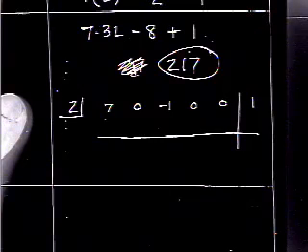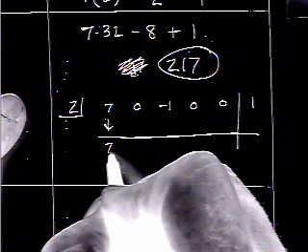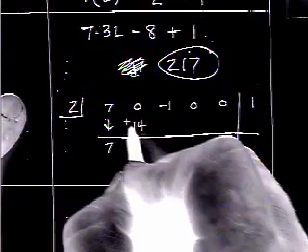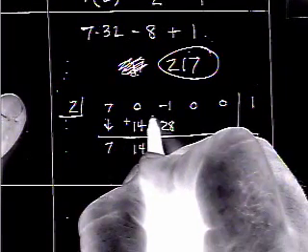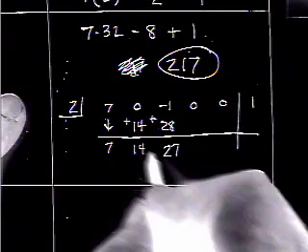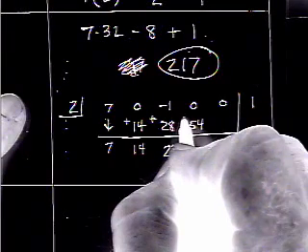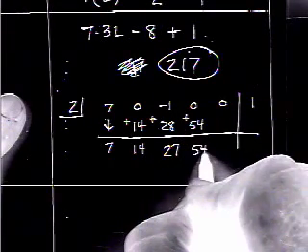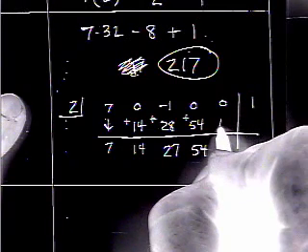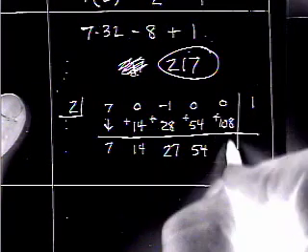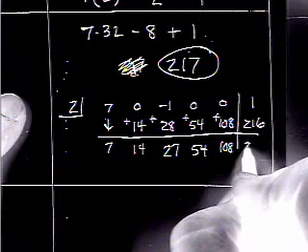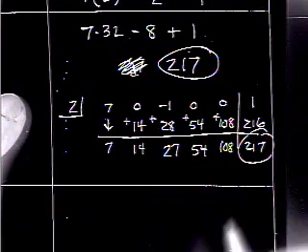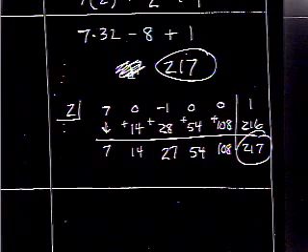Got to make sure you have the right number of zeros in places. So I carry down the 7 and I multiply. And then I add. And then I multiply. And I add. And I multiply. And I add. And I multiply. And I add. And I multiply. And I add. It worked.